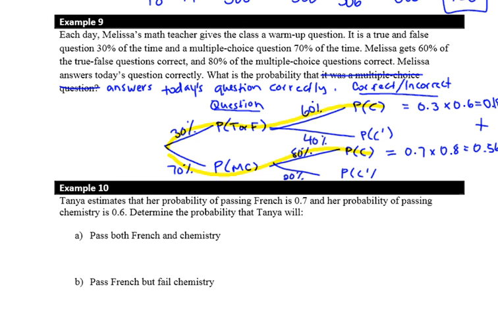We add them together, which gives you 8 plus 6 is 14, carry the 1, 5, 6, 7. So 74% chance that she'll get today's question correct. So these are independent type questions. You could also just solve it by breaking it up.